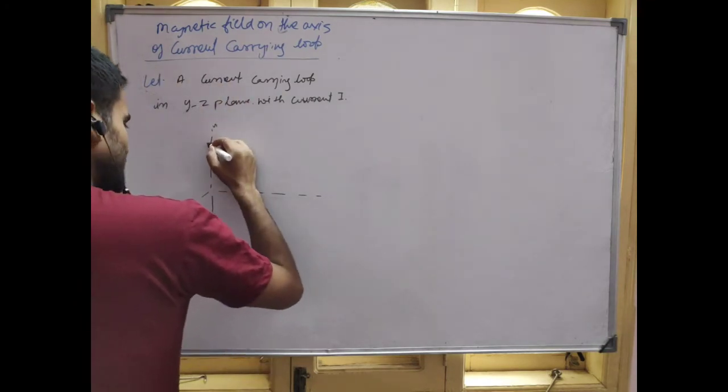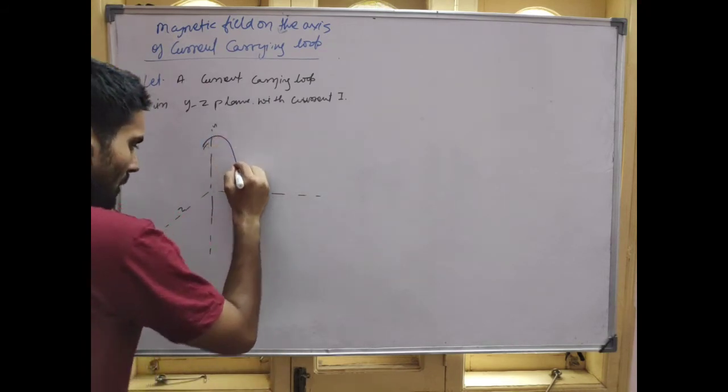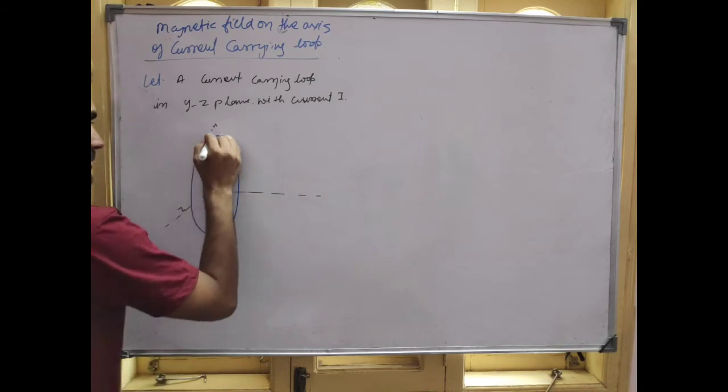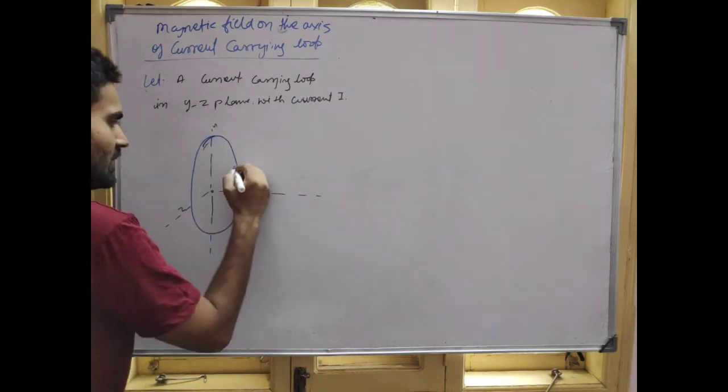So one circular loop is there here, like this. This is the center of the loop, and the current is flowing like this.